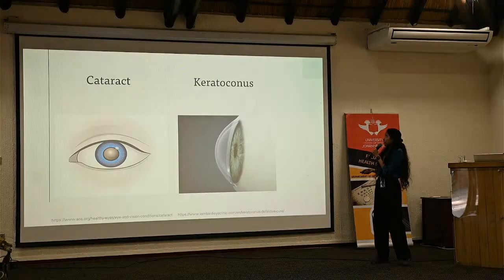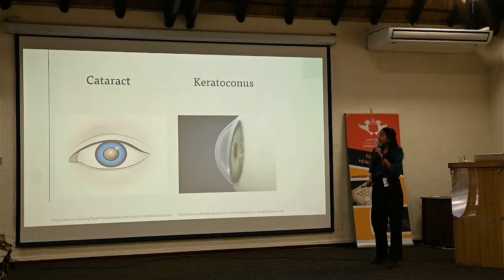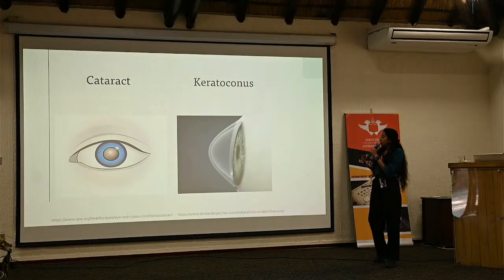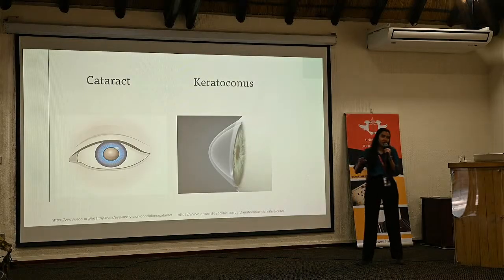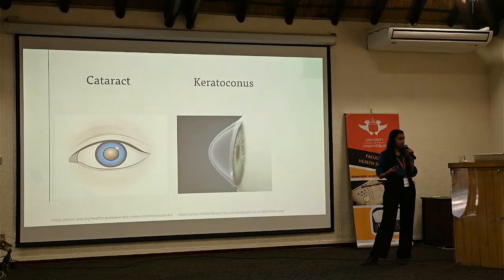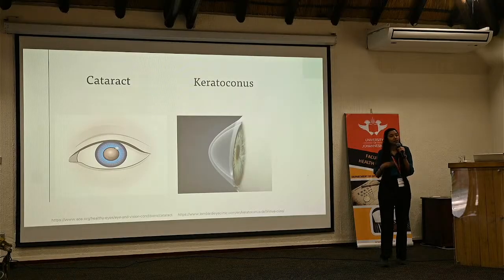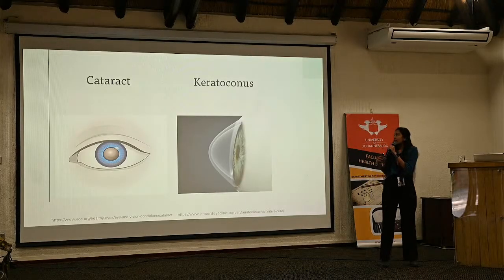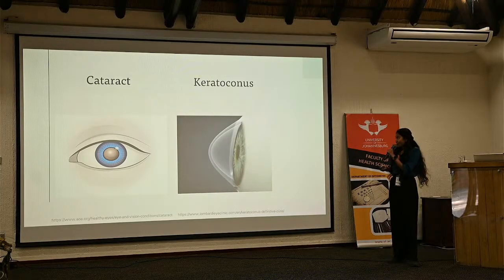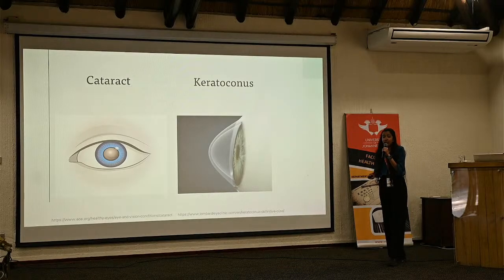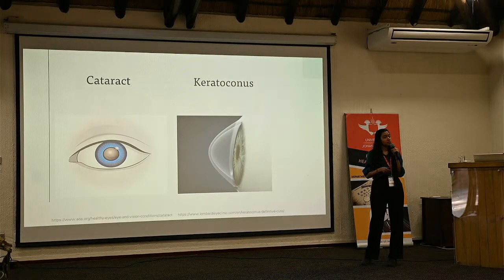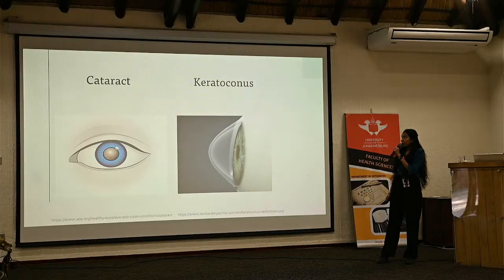The next condition is called keratoconus, where the cornea goes through progressive thinning and bulges out, so that the eye has a lot of aberrations like irregular astigmatism, coma, spherical aberration, and several higher order aberrations. So the study is about what happens when these two diseases occur in one eye, both cataract and keratoconus.